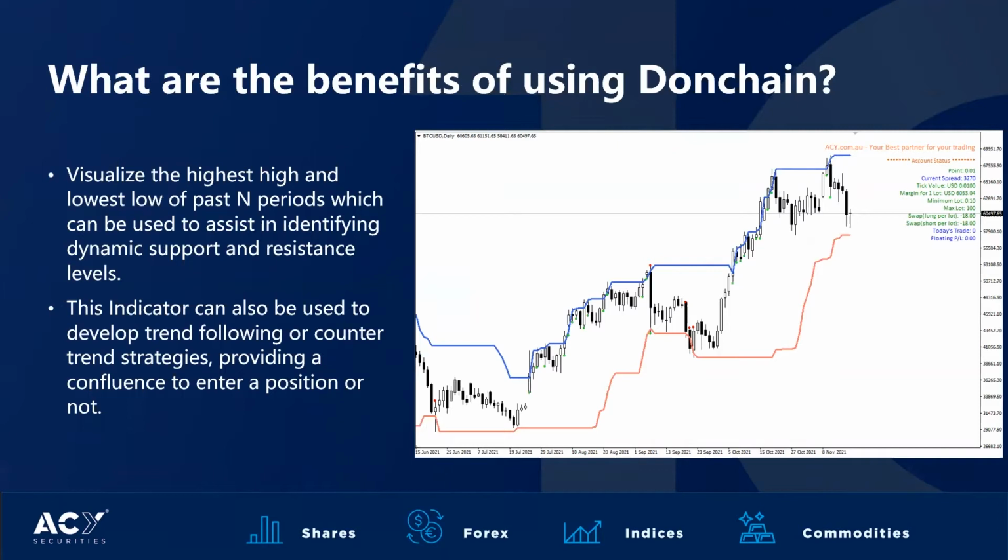This indicator can also be used to develop trend following or counter trend strategies, providing a confluence to enter a position or not. So use it as a visual guide to alert you to potential trade setups, so you can then use it in line with other indicators that you might be using to make your decisions to enter a trade.